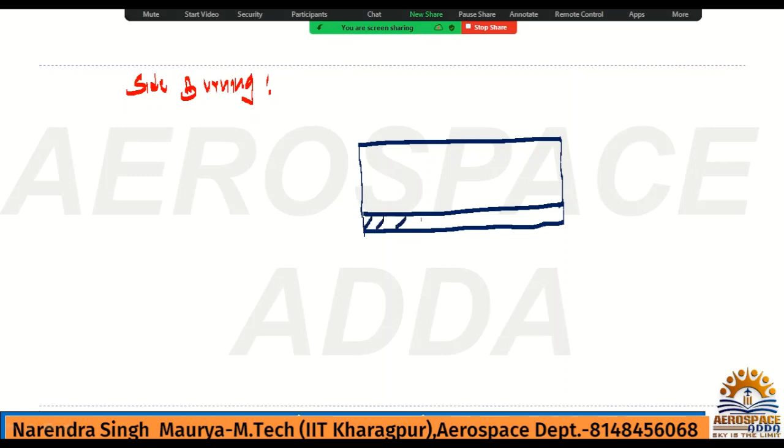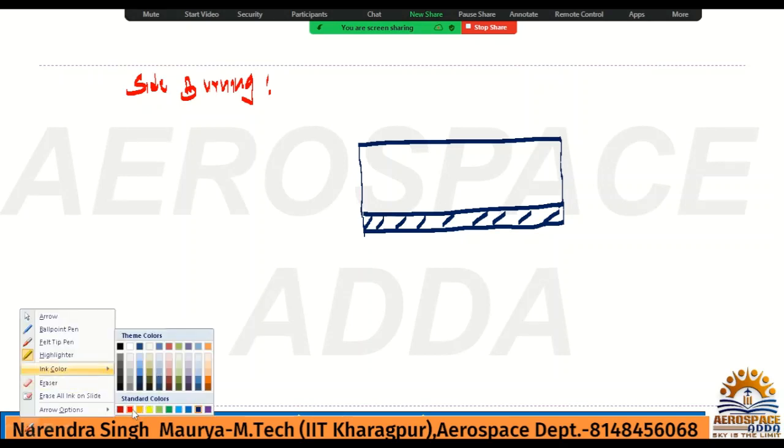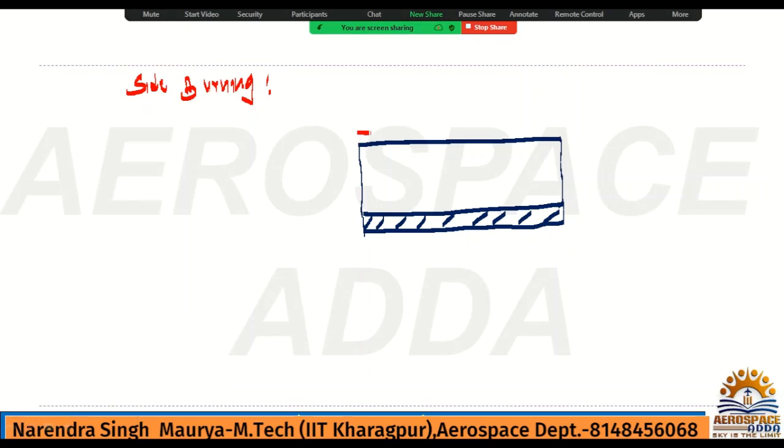This is the cross section, you can see. If I want to draw the side burning, you can show it this way. This is the side, and the burning started like this. This is called side burning.